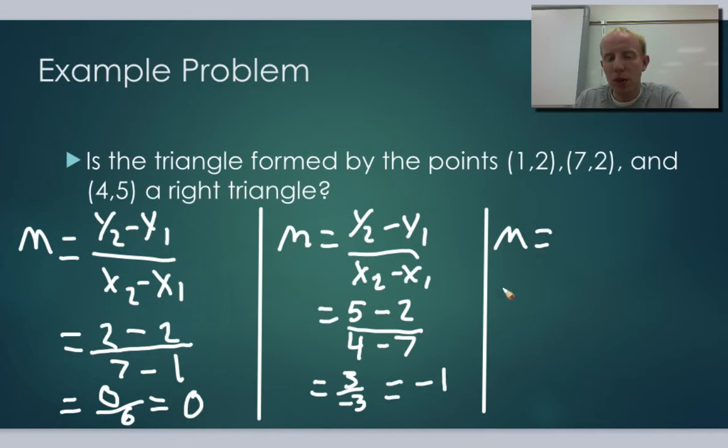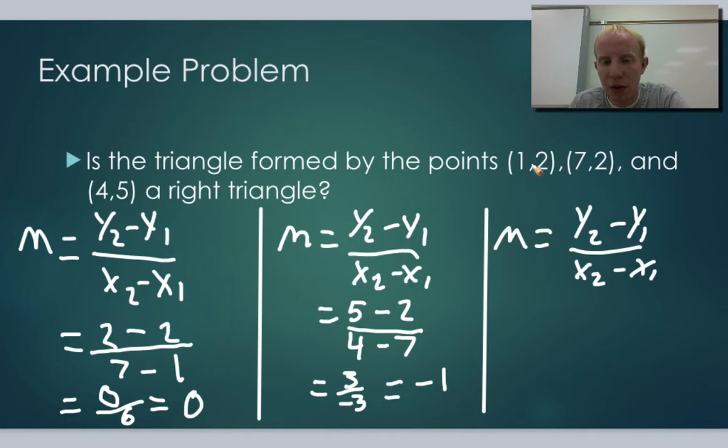Now we need to have an opposite reciprocal slope of that. It either has to be positive infinity to be the opposite reciprocal of 0, or it needs to be positive 1 to be the opposite reciprocal of negative 1. Let's see what we get. Same formula, y2 minus y1 over x2 minus x1.